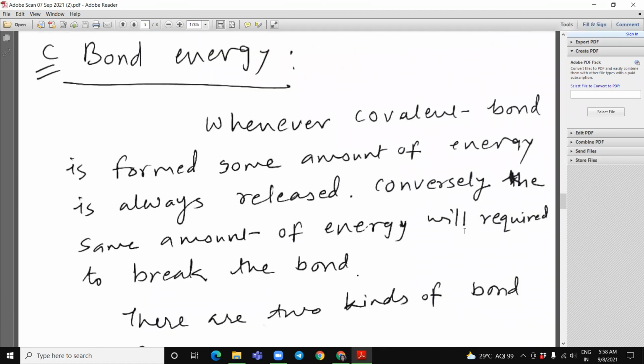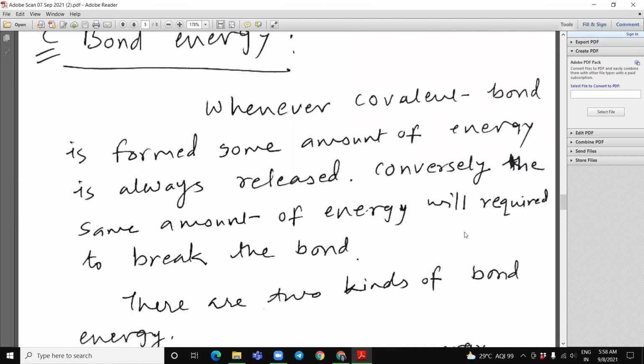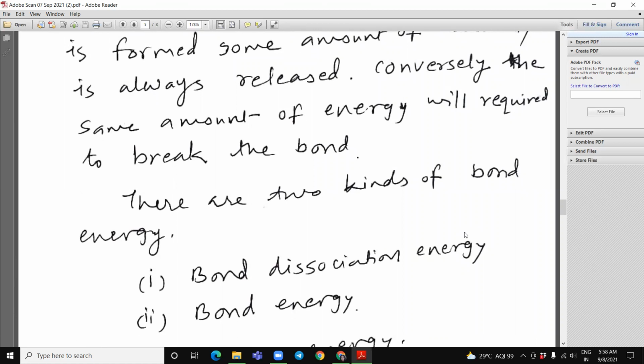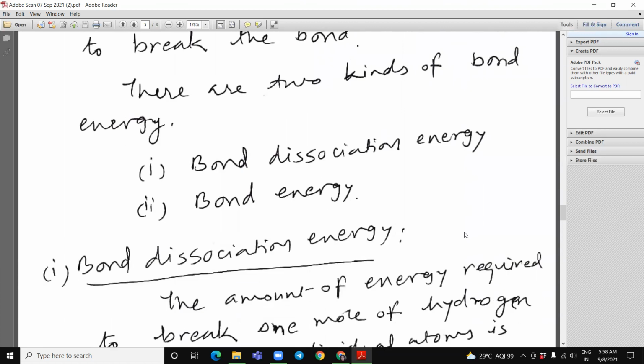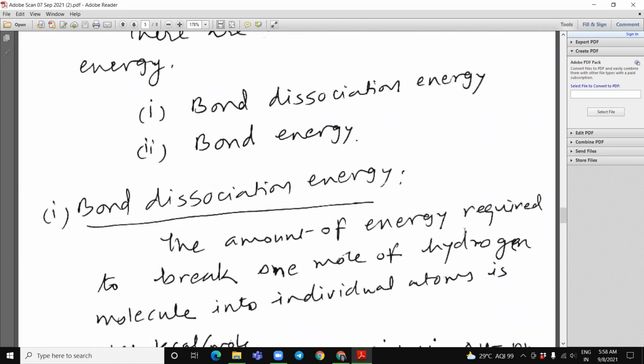Bond energy. Whenever a covalent bond is formed, some amount of energy is always released. Conversely, the same amount of energy is required to break the bond. There are two kinds of bond energy, bond dissociation energy and average bond energy.